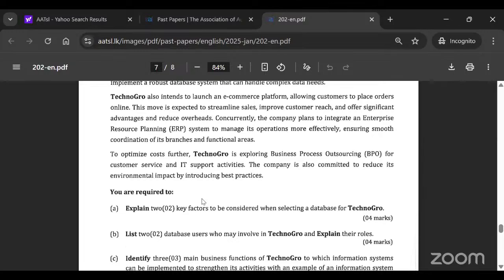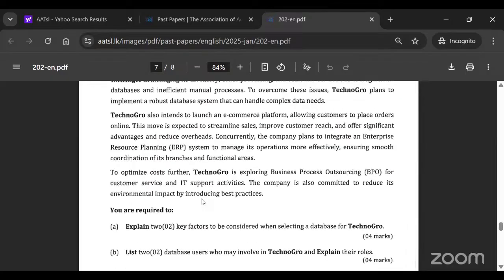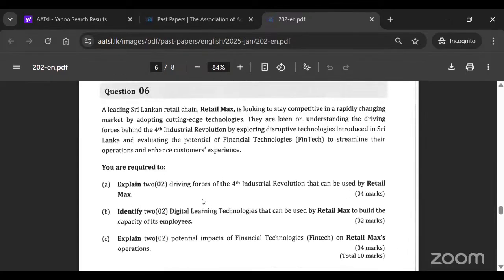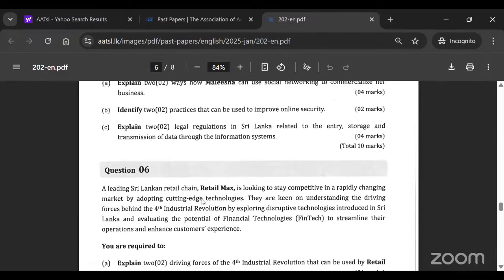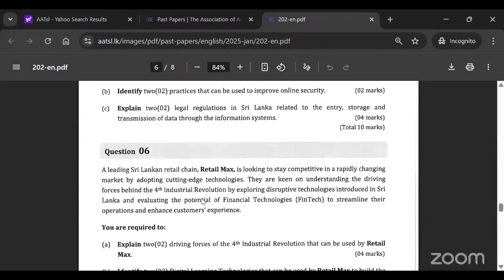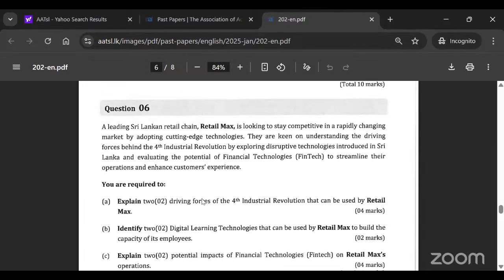You have to read the case study and answer according to the case, right? 25 marks are allocated for that. 25 marks for section A, another 25 for section B, right? 50 allocated for those 2 sections, and section C is allocated the balance 50, right?